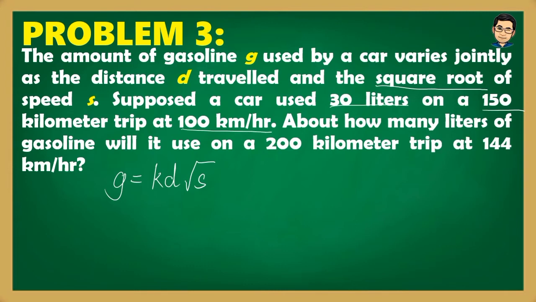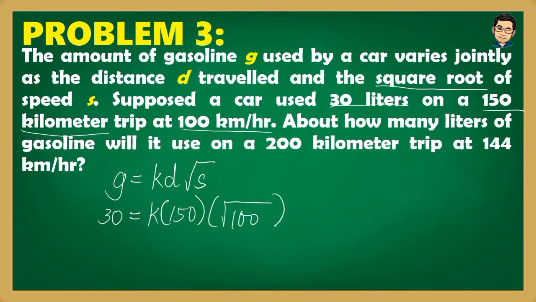So, 30 liters is pertaining to the amount of gasoline. So, that is 30 equals k times D. So, the distance traveled is 150 kilometers, hindi po yung 100 kilometers per hour. Kapag may kilometer per hour po siya, dalawa po yung unit, speed po yun. So, D is 150 times the square root of 100.